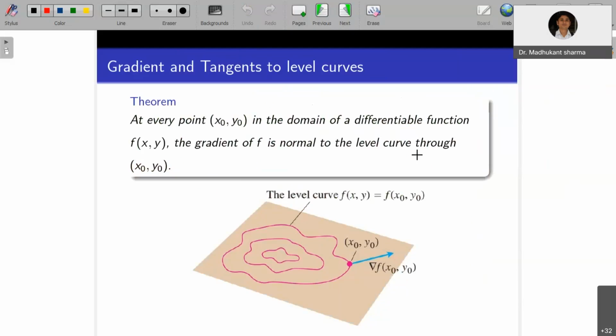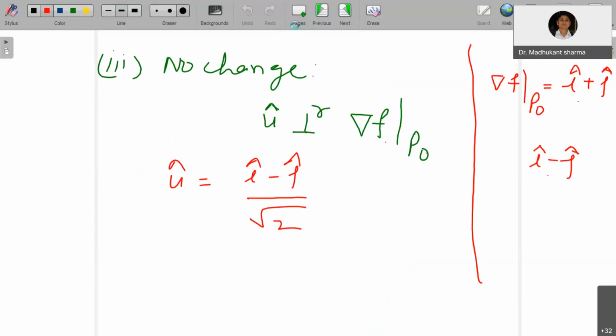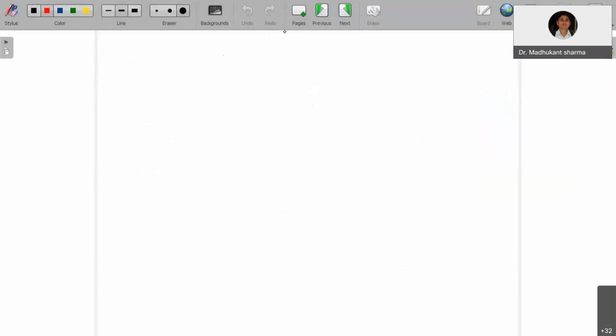Now we have already identified the gradient. Let's first identify the meaning of level curves. What do we mean by level curve is as follows. You may have a function of two variables, you may have a function of 3 variables x, y, z, you may have 4 or more variables.